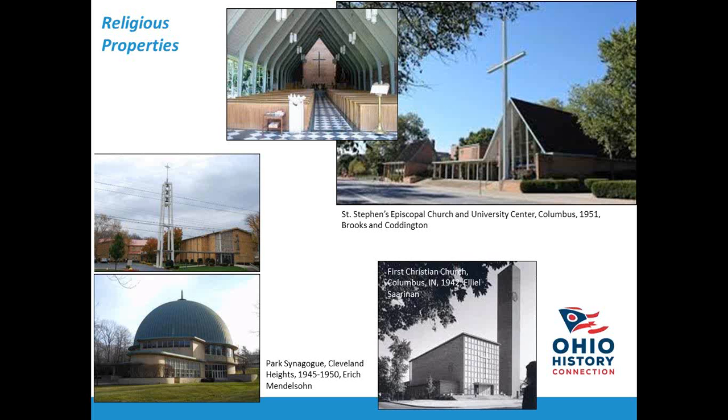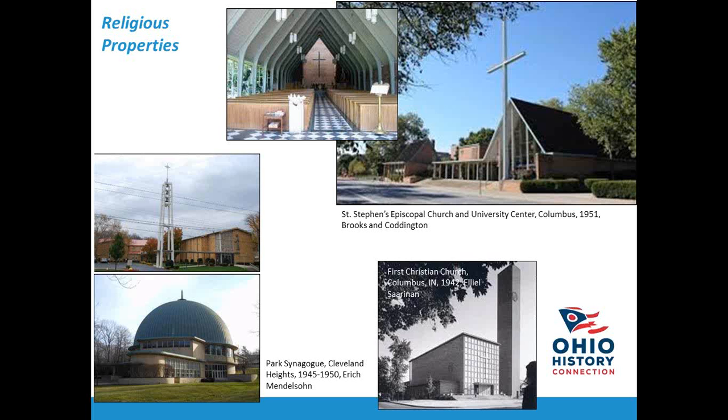And we consider one of the prototypes of religious architecture to be Saarinen's Church in Columbus, Indiana, 1942. And again, it starts defining how we see religious architecture, particularly those distinctive, separated out bell towers.